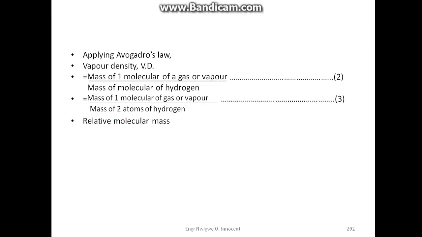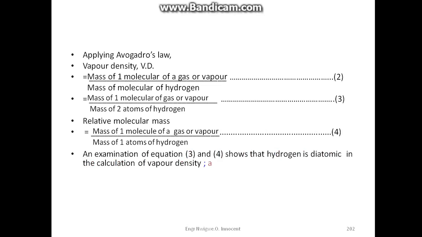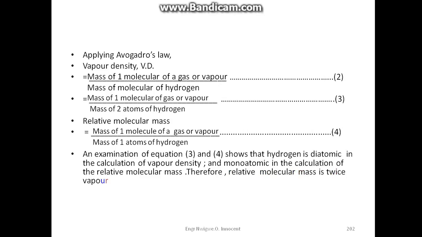Relative molecular mass, for equation 4, we have the mass of one molecule of a gas or vapor divided by the mass of one atom of hydrogen. An examination of equations 3 and 4 shows that hydrogen is diatomic in the calculation of vapor density and monatomic in the calculation of relative molar mass.